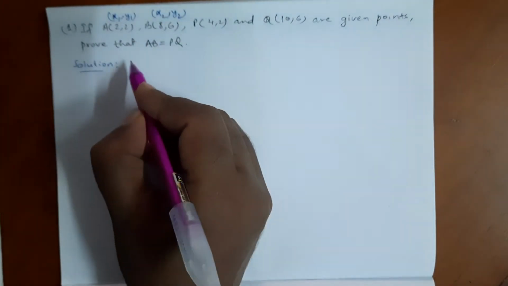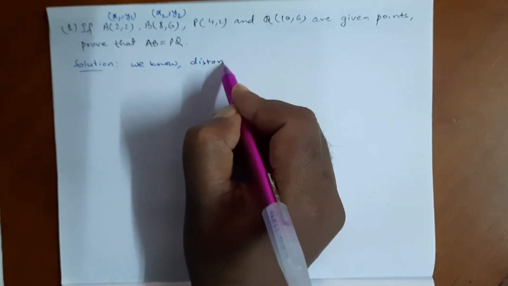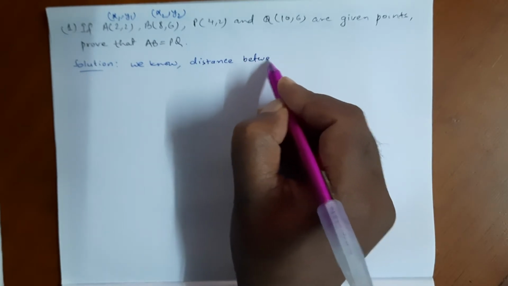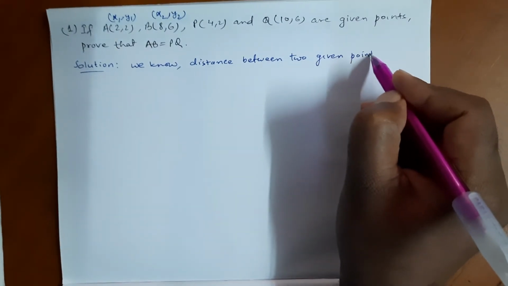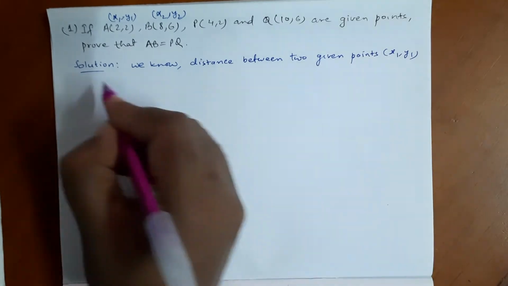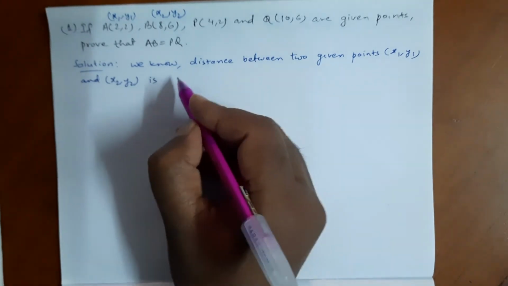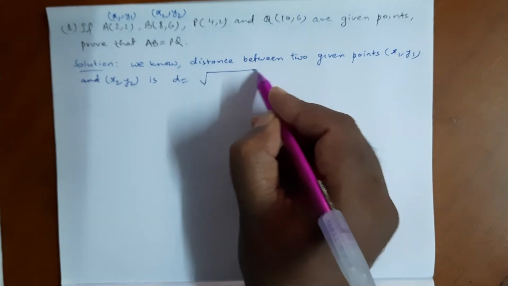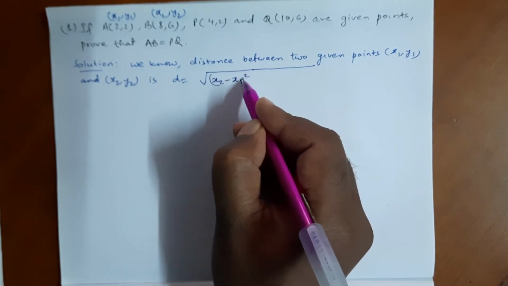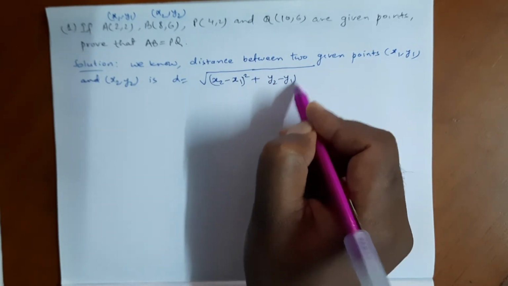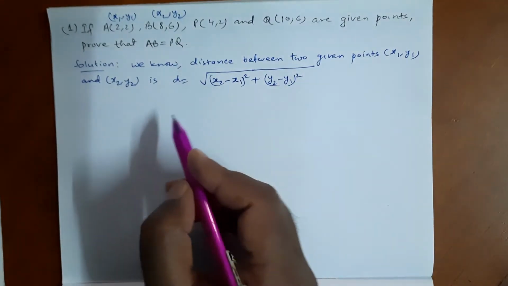And we know the distance between two given points (x1, y1) and (x2, y2) is d equals root over (x2 minus x1) whole square plus (y2 minus y1) whole square.